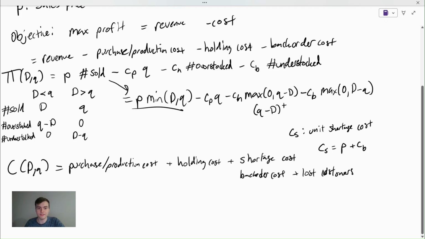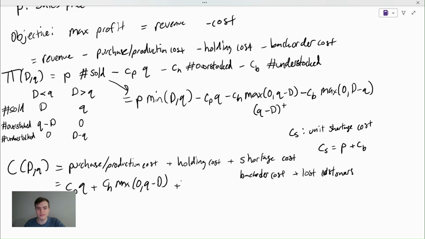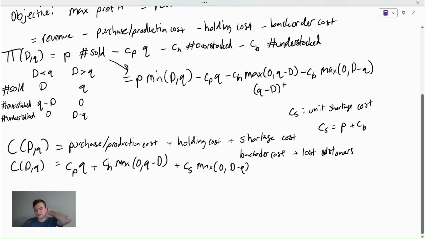So we've gotten rid of this and kind of merged it over here. So this is going to be the same, CP Q plus holding cost is going to be CH times maximum 0, Q minus D. And then we're going to have CS as our unit shortage cost times maximum 0, D minus Q. Yeah, and that's our cost function.